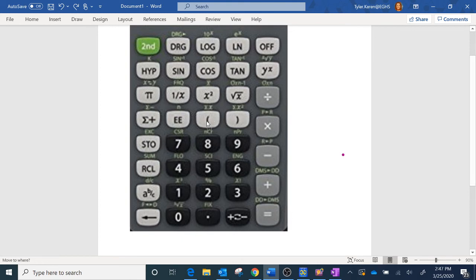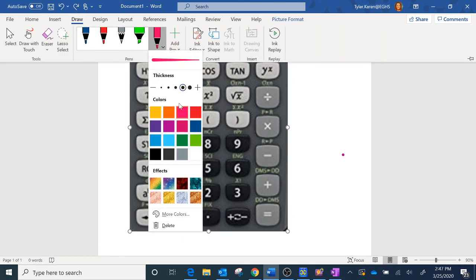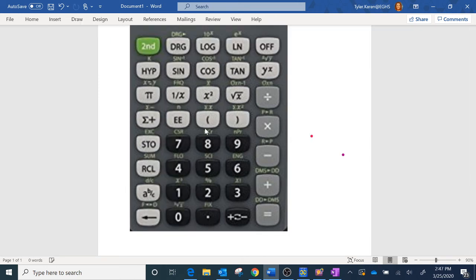I want you to look above the number 8. Why won't it let me draw? Okay, there we go. Right here, it says NCR. Instead of using the formula, we can use this calculator button. If you don't have this calculator, you're going to have to find it. You're looking for NCR.